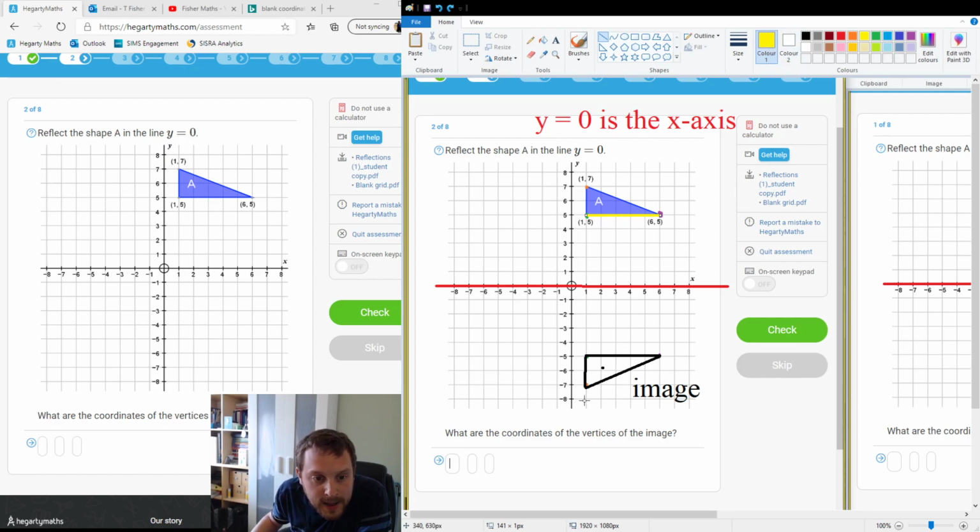Well, where that line has been reflected to is down here, and that's now also 1, 2, 3, 4, 5 away from the mirror line. So wherever the shape is reflected to, it's got to be the same distance away either side. That's going to be really, really important in some of the later questions, okay? So it was 5 away at the top, it's 5 away at the bottom. If you go to this top part, that's 7 away.